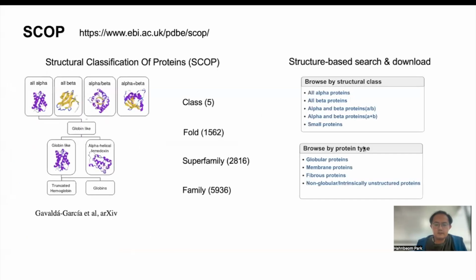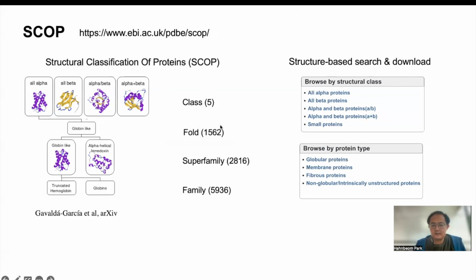The next is SCOP. You can also access this website through this link. It stands for structural classification of proteins. It has a very similar definition to CATH, but the names are different. It's also hierarchically defined. The biggest category starts with class, and it's the same: all alpha, all beta, alpha and beta, or alpha plus beta. And the last one is disordered.